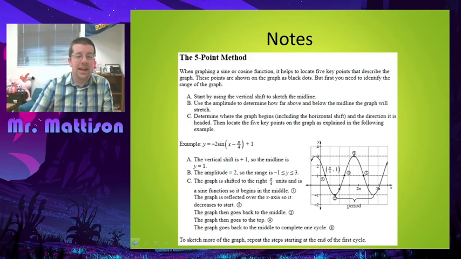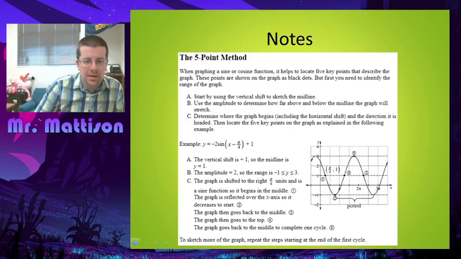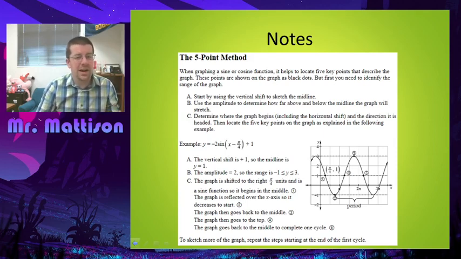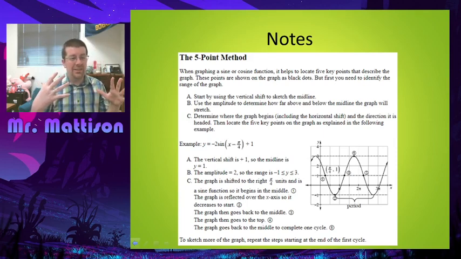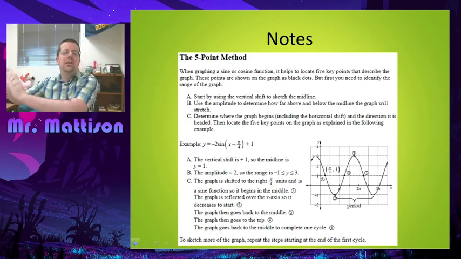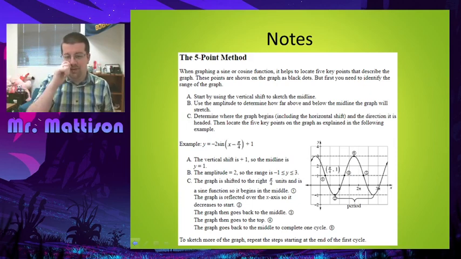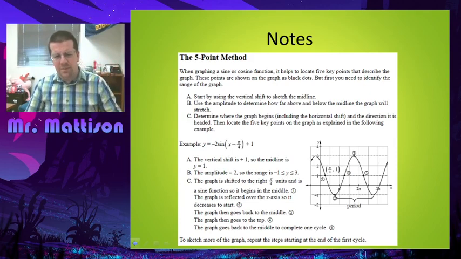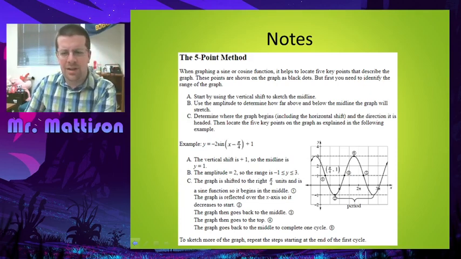Or if it's a sine, then we can go to the intersection with the midline here, here, and here, and then peak and peak, and there's those 5 things. Once you have those 5 important parts, you have enough of your cycle to get a good sketch of it, and then just copy and paste that for all the rest, going left and right as far as you need. So again, read through that, but if you feel pretty confident, it shouldn't be all that bad for us.